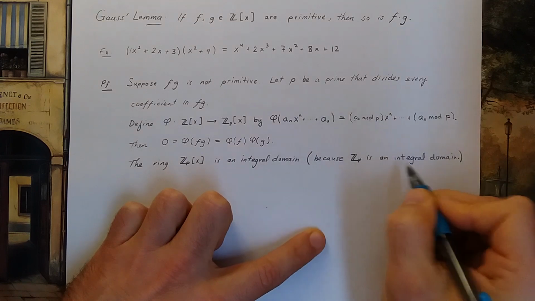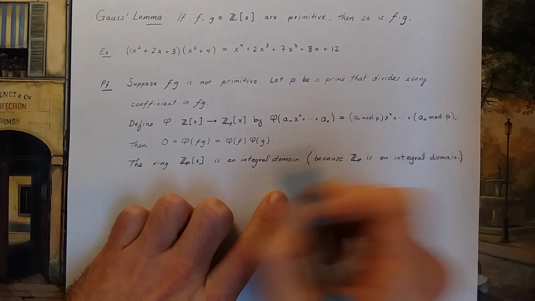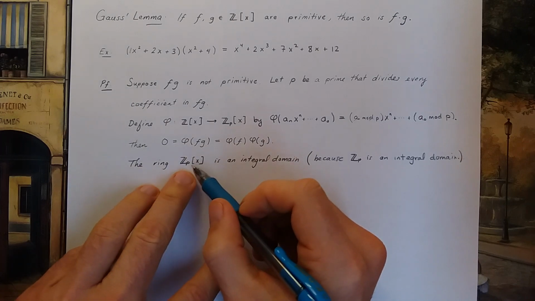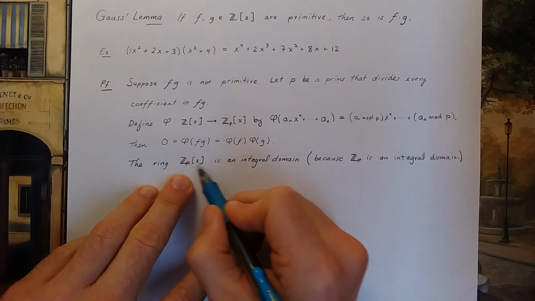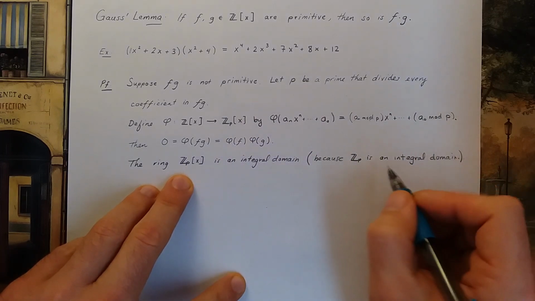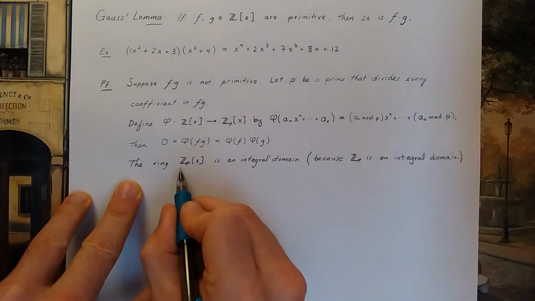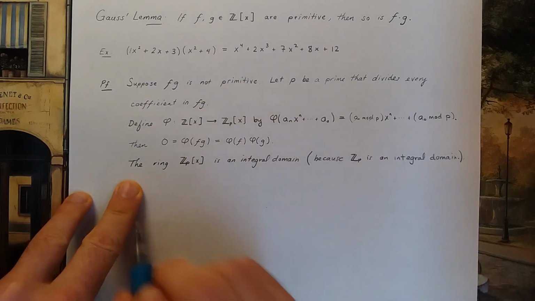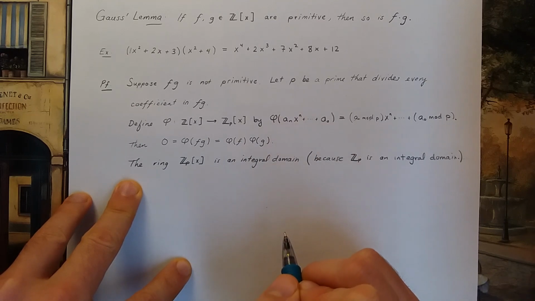And I guess that's another exercise to prove that if you start with an integral domain and you look at polynomials with coefficients elements in your integral domain, then you still get an integral domain. So that's another exercise. If you start with an integral domain and create polynomials, then the polynomial ring is also an integral domain. So I'll ask you to verify that as well.